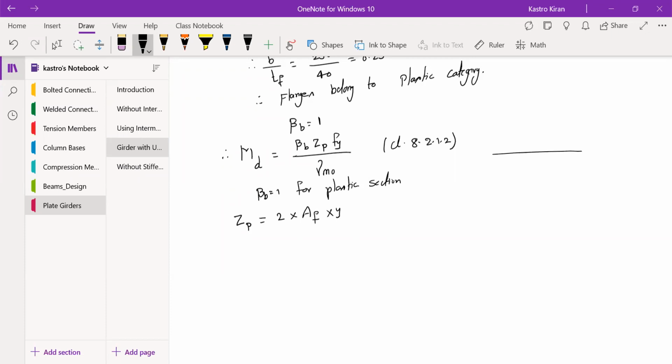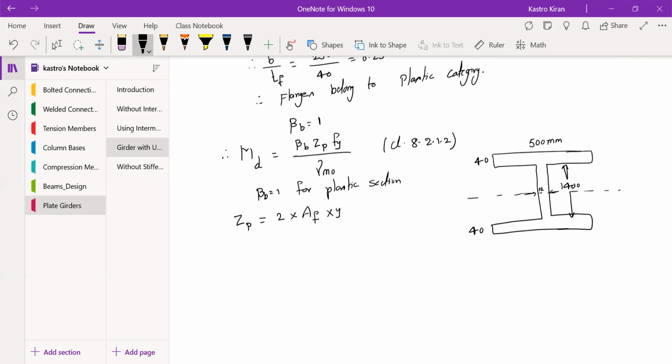So let us draw the diagram and then look at the value of y. This is the I section and the depth of the web is 1400. The thickness of the flanges is 40 mm, the thickness of the web is 12 mm, and the width of the flange, both top and bottom, is 500 mm. Now you need to find the value of y here.